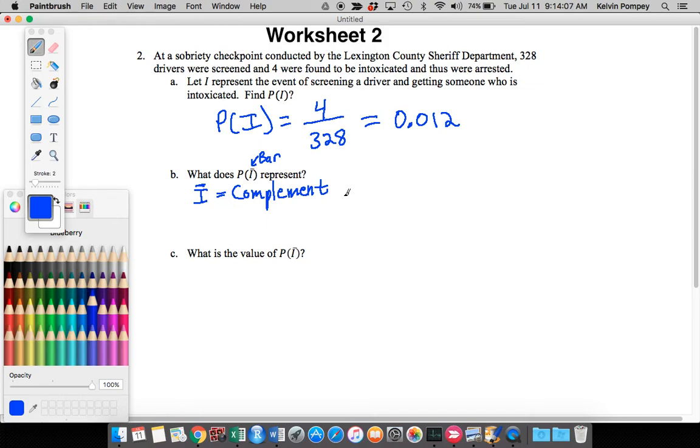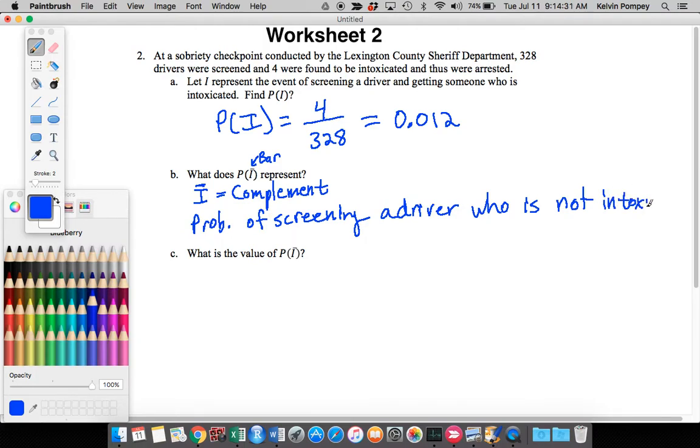And so if P of I represents the probability of finding someone who was intoxicated, then P of I bar is the probability of screening a driver and finding one who is not intoxicated. All right, and so that 'not' there means opposite of this I here, right?